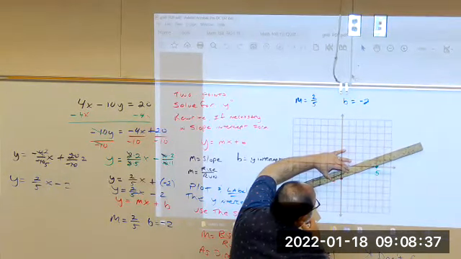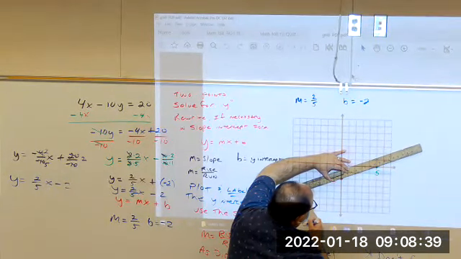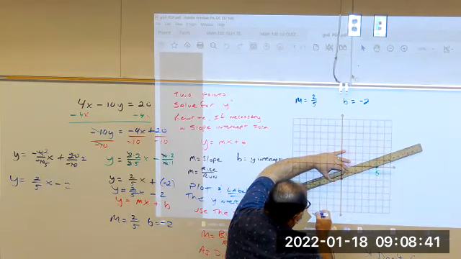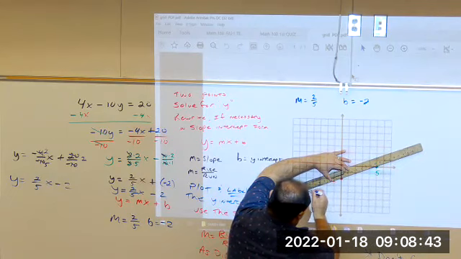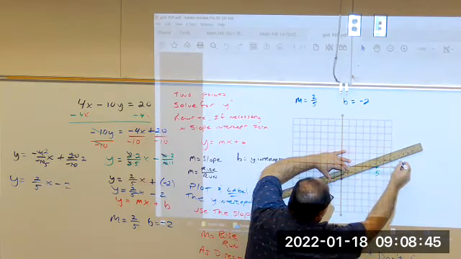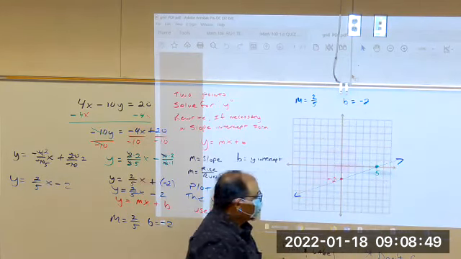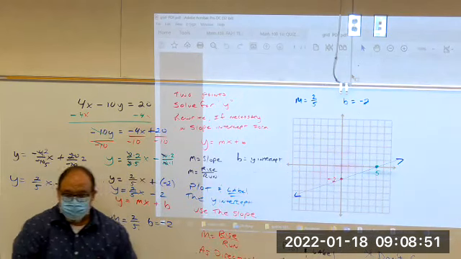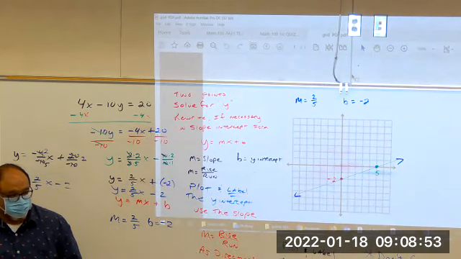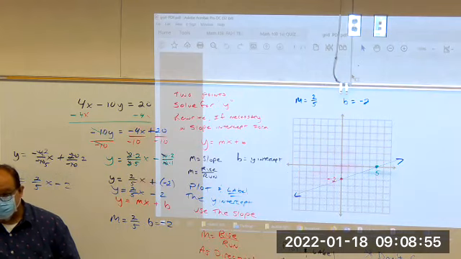Straight edge. Right there. Arrows. And that's how you graph.